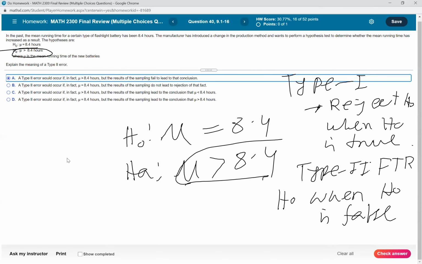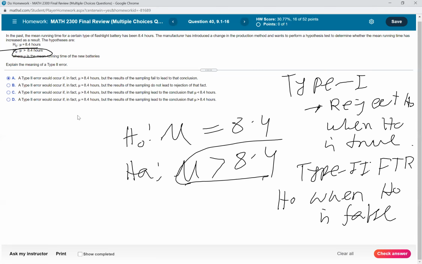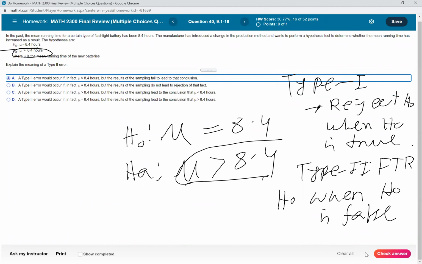You might get confused between this option and option C. Why is option C not correct? Because we are not actually concluding mu is less than 8.4. We are failing to conclude mu greater than 8.4. So that's why the answer will be A.